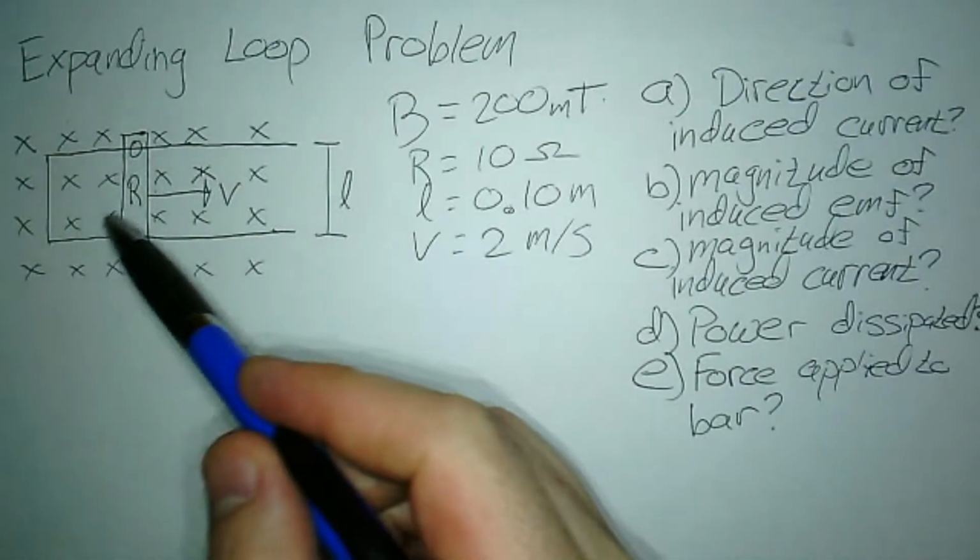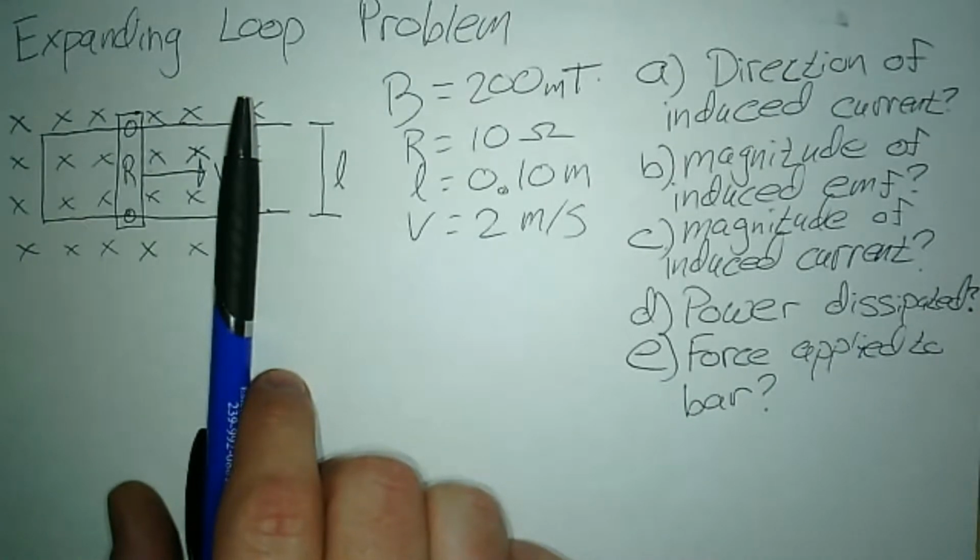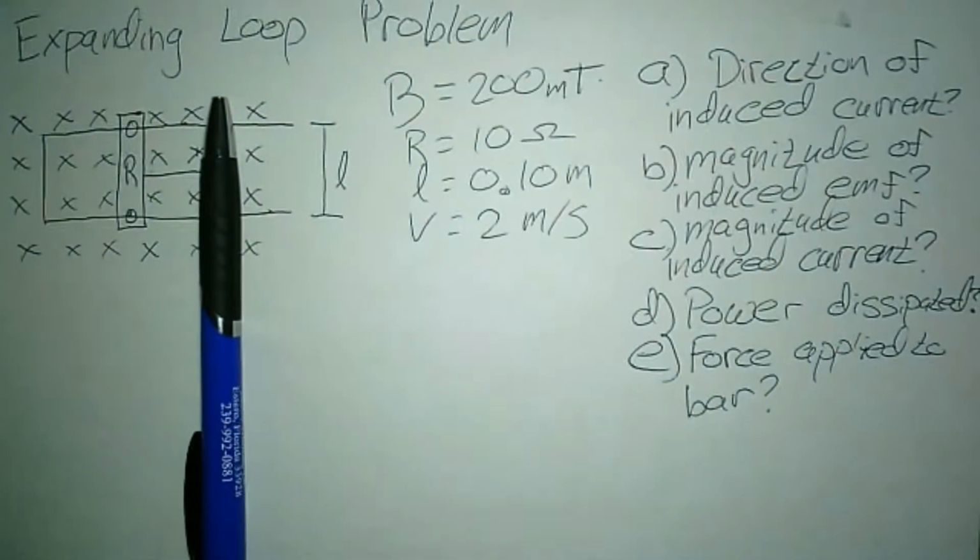If I pull this bar to the right, now the bar is here, do I have more or less x's inside my area? My area is increased. The magnetic field hasn't, but my area has, so my flux has increased in this direction.